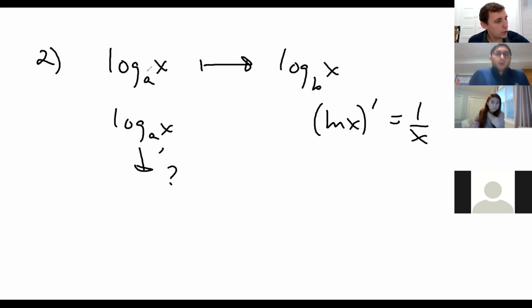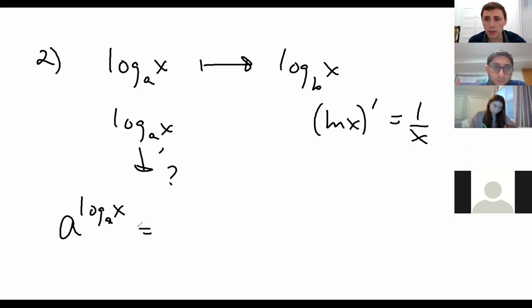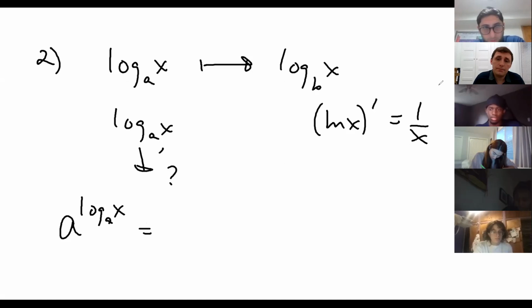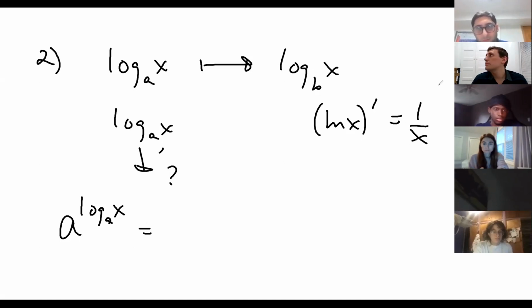The only thing I know about logarithms is that if I take a and raise it to the power log base a of x, I will get what? Type in the comments. If I take a to the power of log base a of x, I get what?